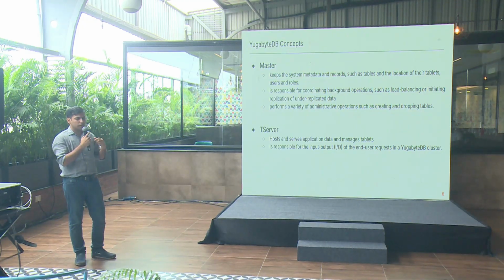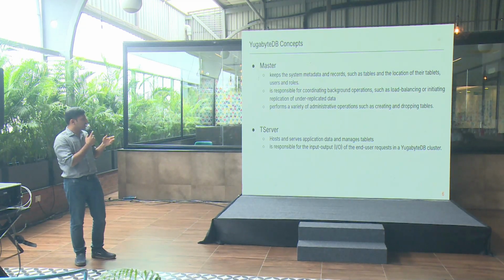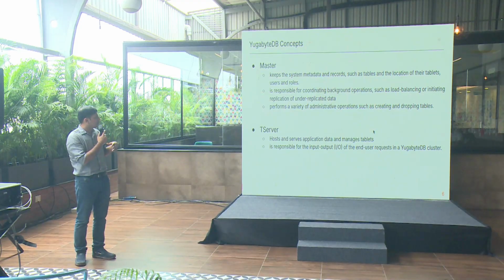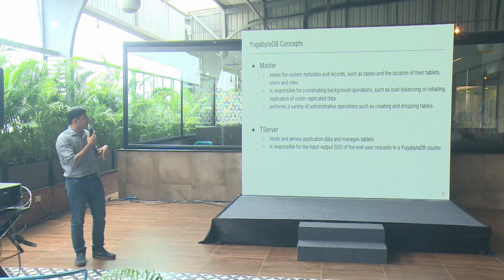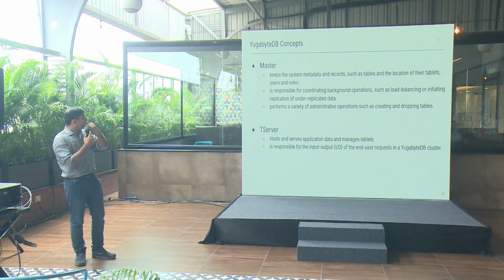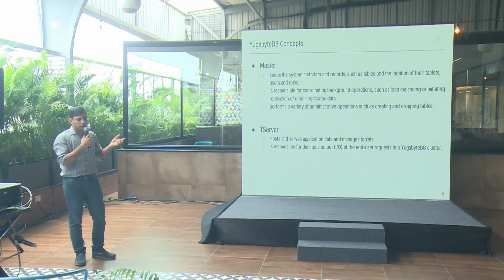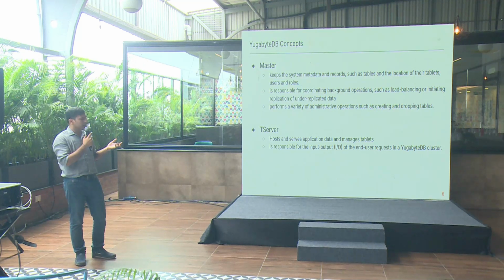Essentially, you can have multiple copies of data in your cluster, and that is what we call replication. So if the configured replication is not met, the master initiates replication of under-replicated data. T-server is the main process which hosts the data and serves the application data.